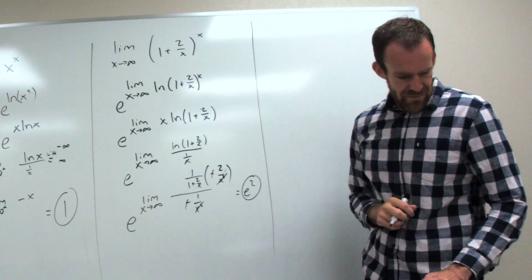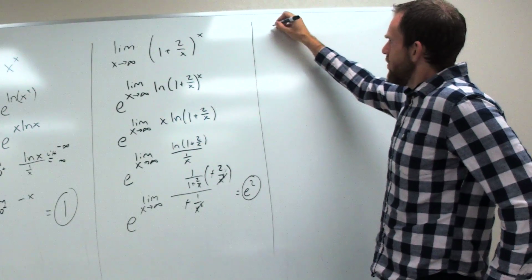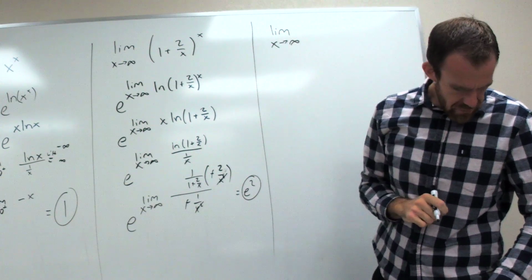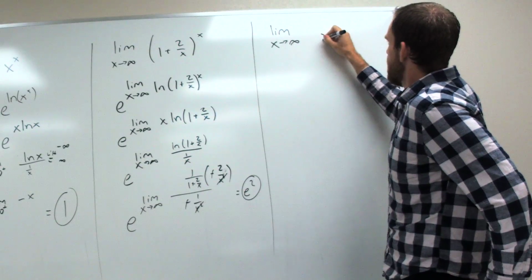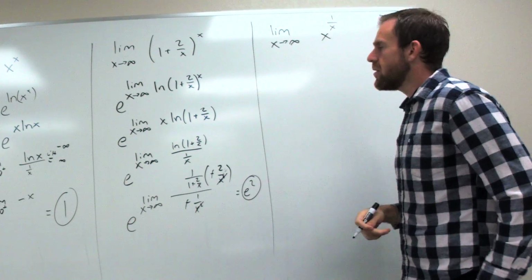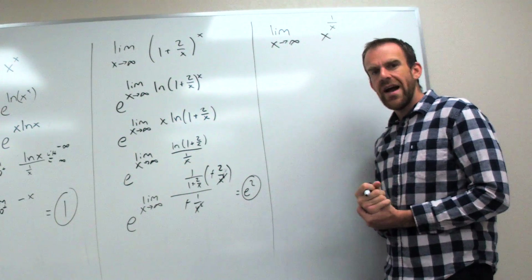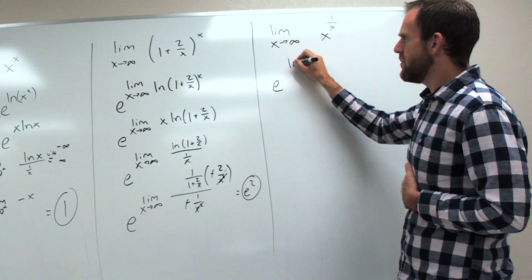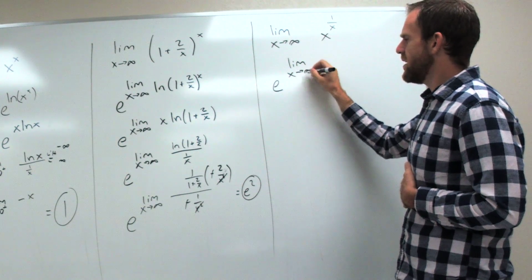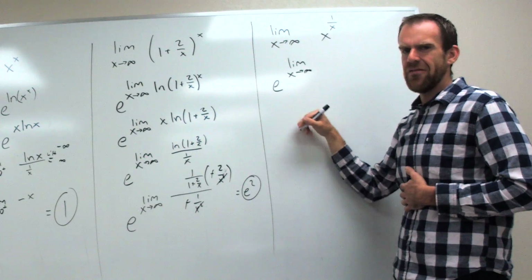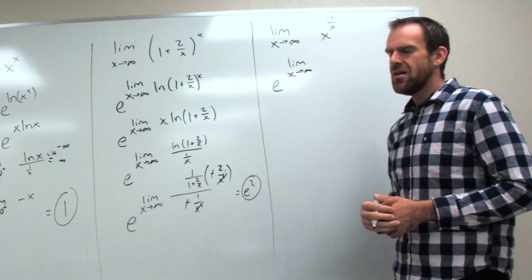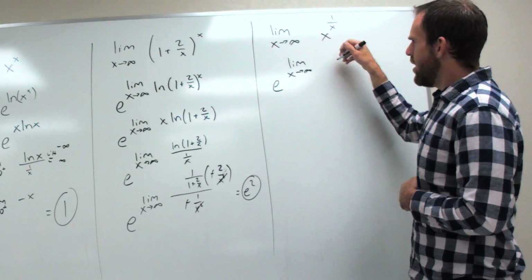Let's try another one. We're going to take the limit as x approaches infinity of x to the 1 over x. Again, we need to use our ln trick. It's the one thing we know that will work here. So I'm going to do e to the limit as x approaches infinity. A lot of students forget the e every time, and then at the end, they just say the answer is 2 instead of e squared.